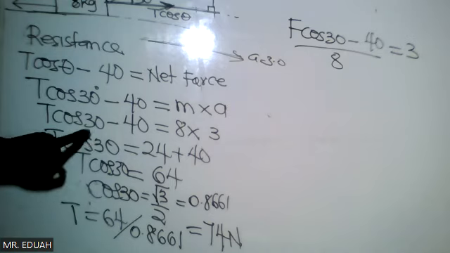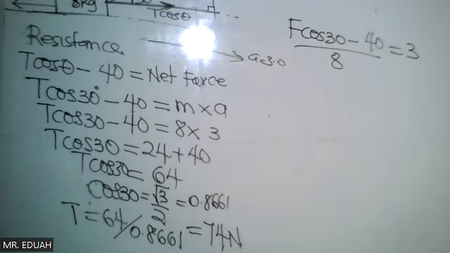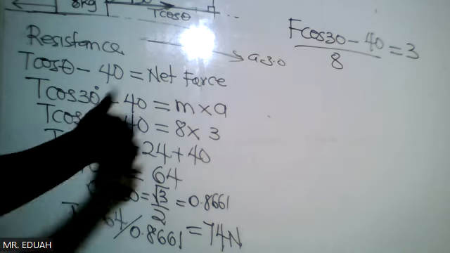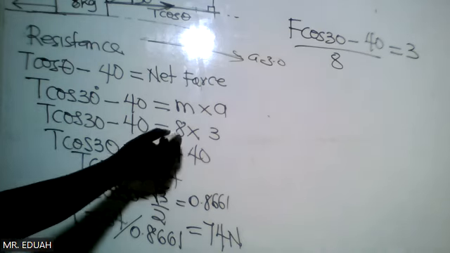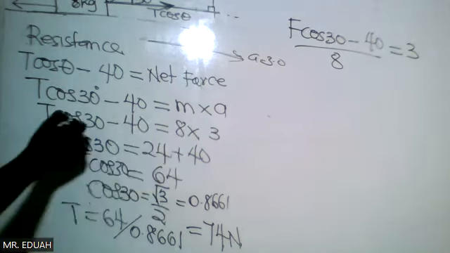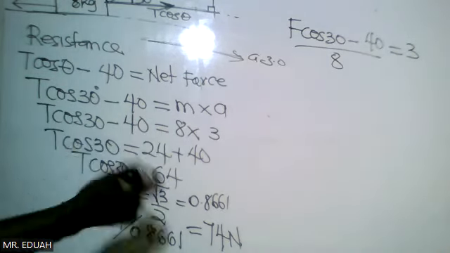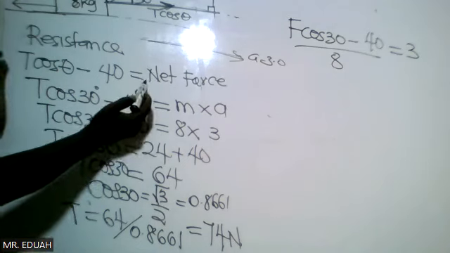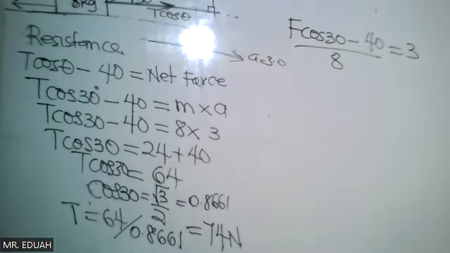I remember something like that, but as to why I marked it wrong, maybe I marked it in the night. But you see, usually follow the steps. Dividing by 8 doesn't make it wrong, but you have to put T, and then the net force must be equal to that. So follow the steps. Any question?